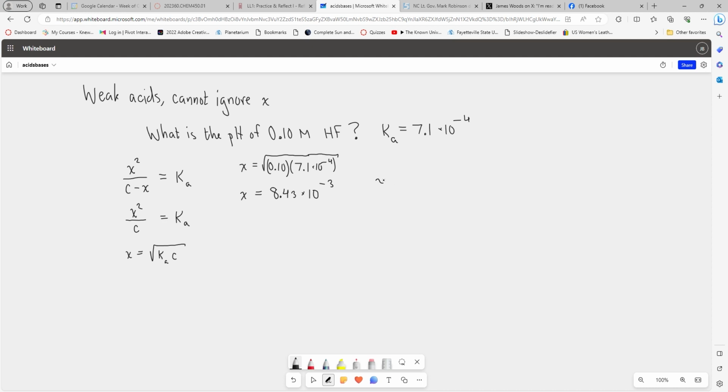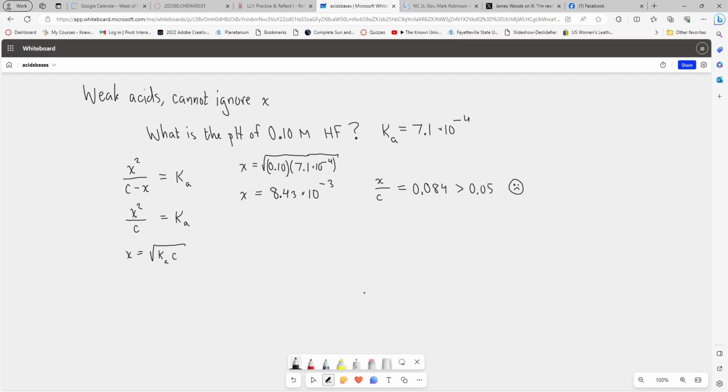So the rule is x divided by the original concentration, and to see if that's greater than 0.05. So we take our x and divide it by 0.1, the original concentration, and it's 0.084, which is greater than 0.05, greater than 5%. So no, we cannot ignore x.